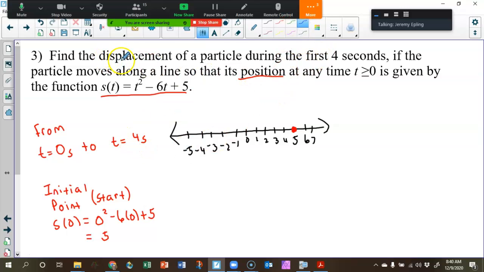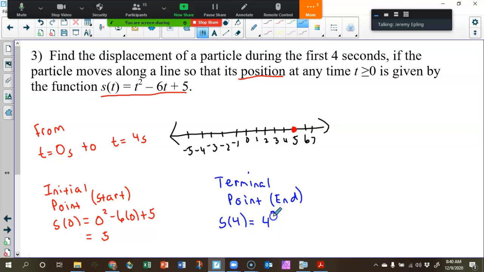But if I'm going to find the displacement, I need to know, where am I going to end? Where's my terminal point? Well, the particle may not have stopped moving at 4 seconds, but that's where we're going to stop watching it.